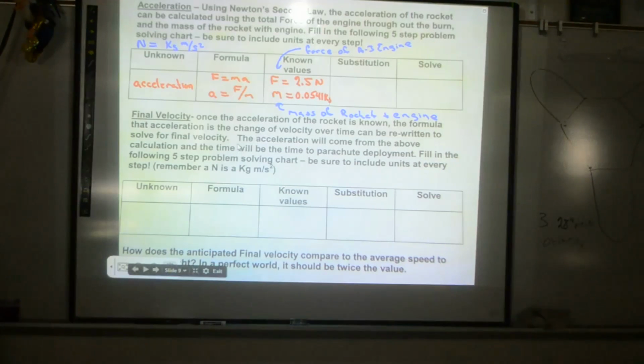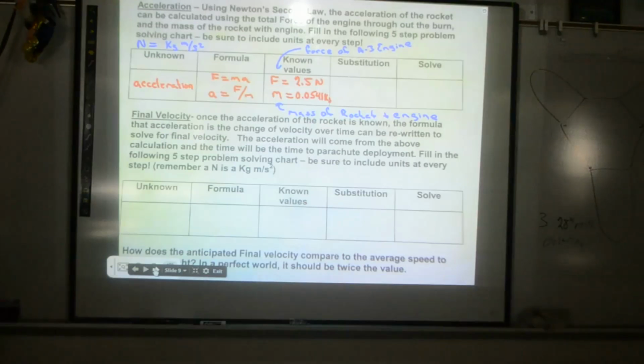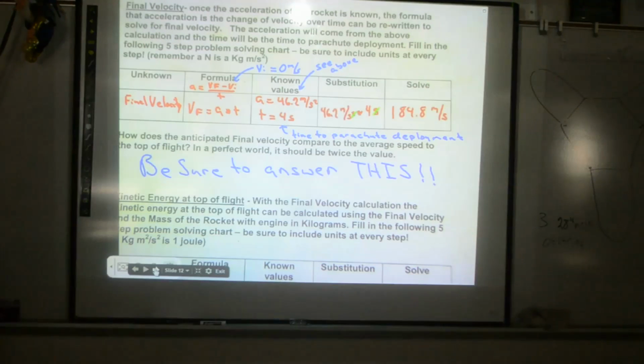If we look back at what our average speed was, it was about 7 meters per second. And then if we look at what the final velocity was, you see it was 184.8 meters per second. Much, much, much higher.